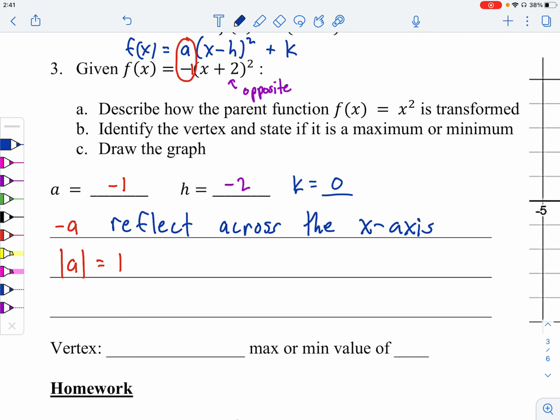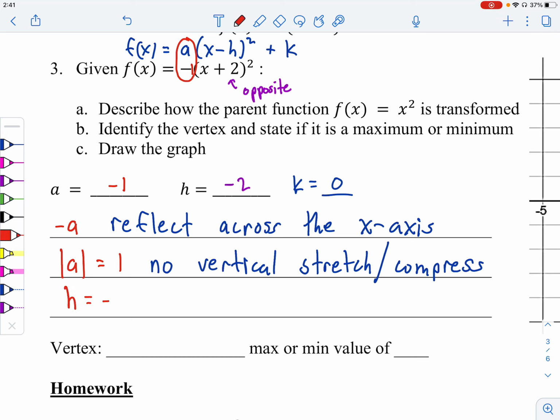So it doesn't grow or shrink. All right, so no vertical stretch or compress. Our next one, horizontal, which is -2. So horizontal shift. Negative is left, so left 2 units.